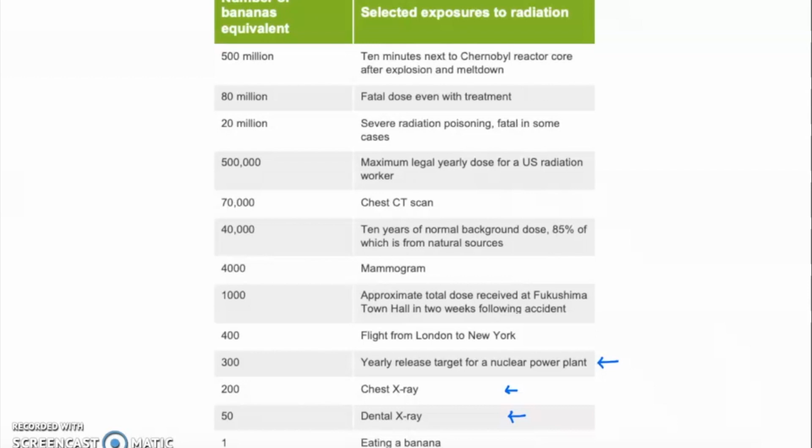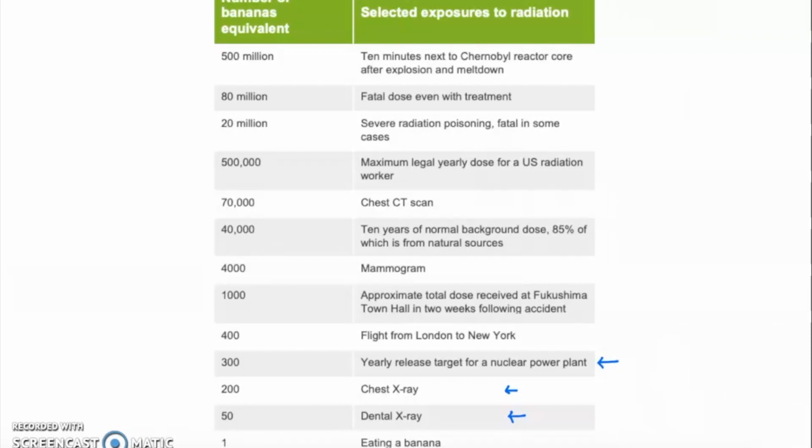Simply taking a flight, being high up, is going to give you some radioactive particles coming from down in our atmosphere. So if you fly from London to New York, that's about 400 bananas worth. 2 weeks after the Fukushima accident, the total dose received in the town hall was about 1,000 bananas. A mammogram, about 4,000 bananas.